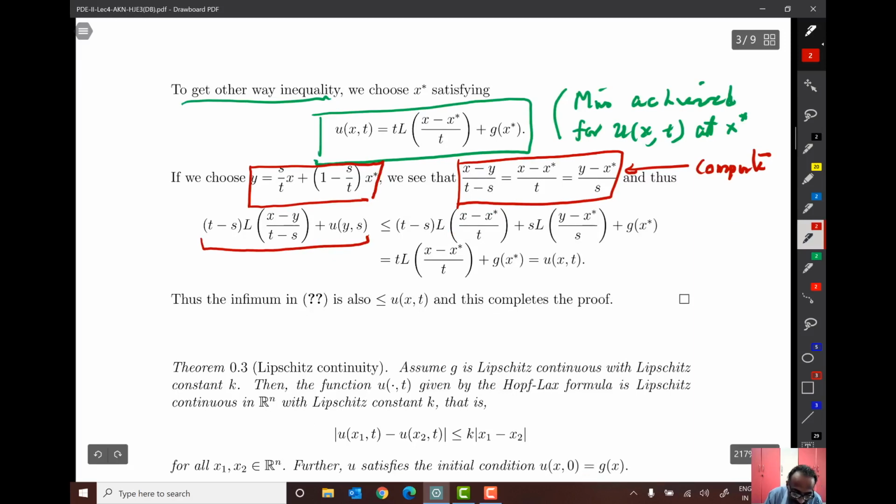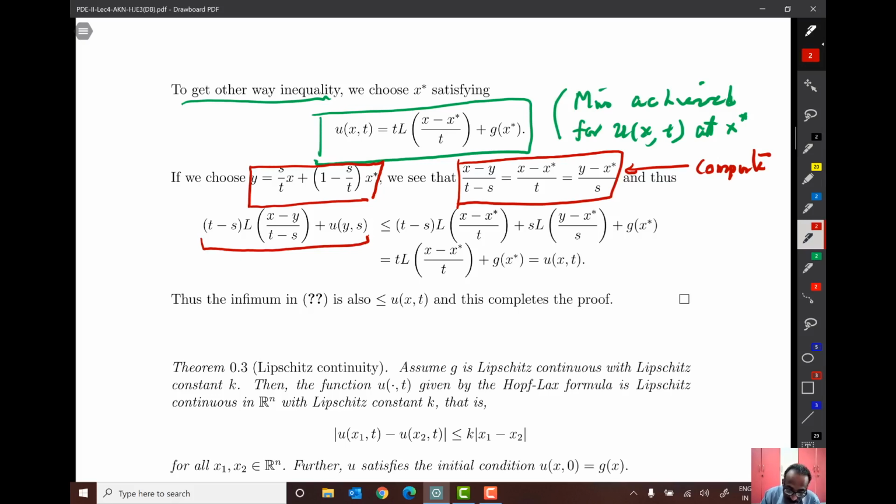And I can write here, (x minus y)/t is equal to, I can apply this here, (t minus s) into L of (x minus y)/t is same as, so I replace correctly. So there is an equality here. I'm not applying the convexity property here. (x minus y)/t is same as (x minus x star)/t, and you write your u(y,s) now.